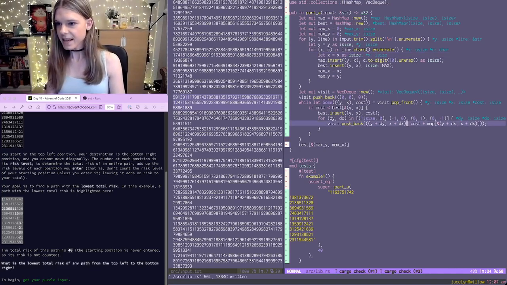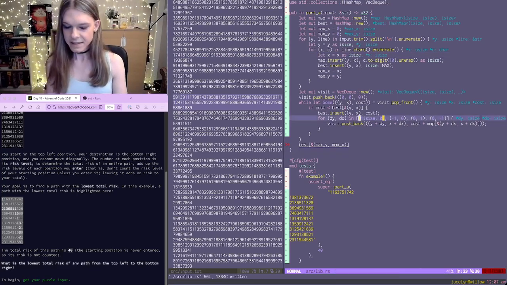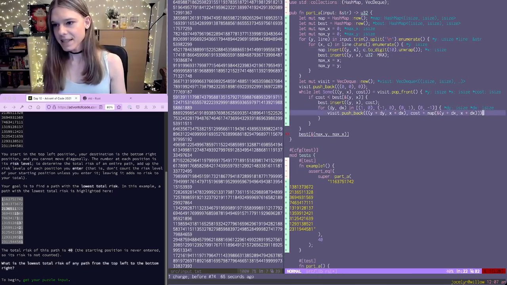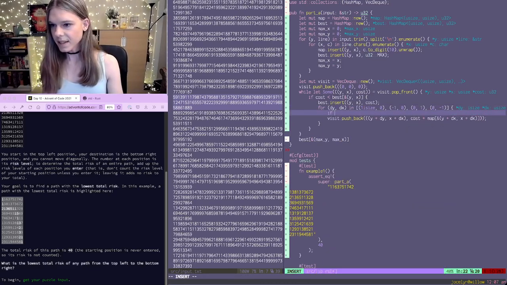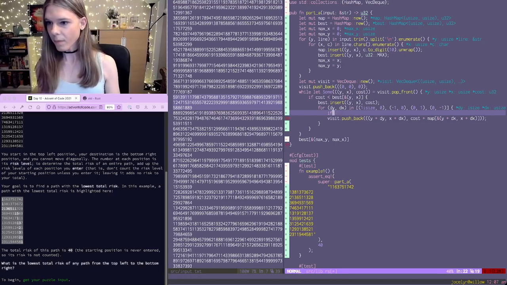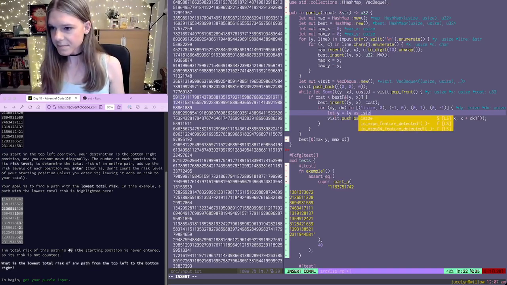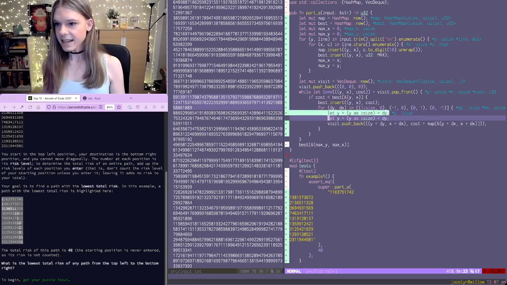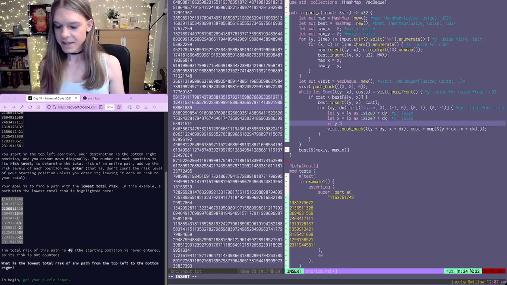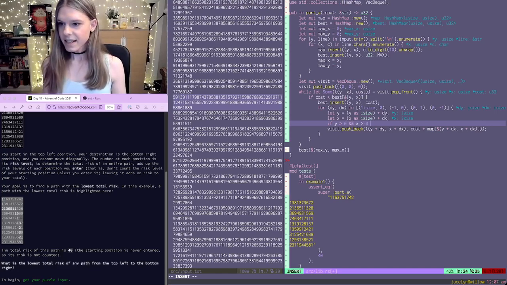Maybe it would have been easier just to deal with that in this particular case. But the other thing, actually, I'm just going to go back to this part and say, let y is equal to y as isize plus dy, and x is equal to x as isize plus dx, and if y is greater than 0 and x is greater than 0 and y is less than or equal to max y and x is less than or equal to max x, then we can push this just fine.